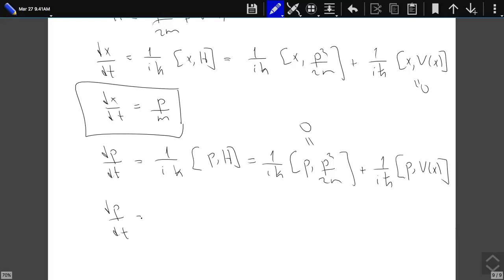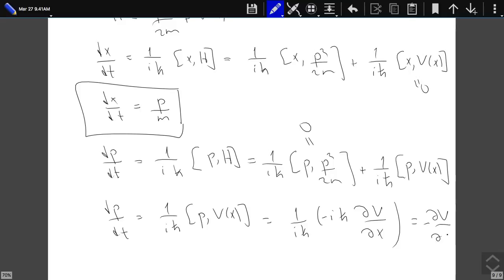So dp by dt is equal to 1 over i h bar, the commutator of p and V of x. We will show it in a moment. This is 1 over i h bar times minus i h bar del V by del x. So this is equal to minus del V by del x.